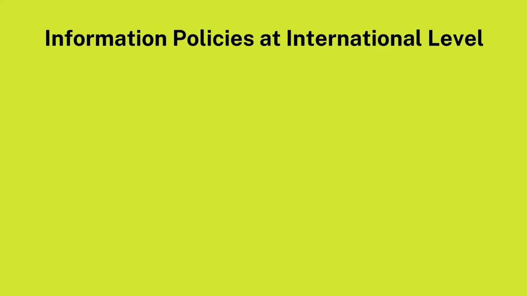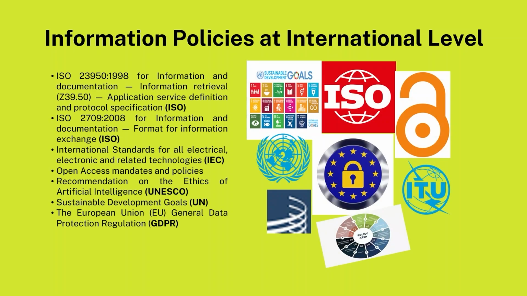Now, we mention here some of the information policies at the international level, such as ISO 23950:1998 for information and documentation, information retrieval, that is Z39.50, application service definition and protocol specification; ISO 2709:2008 for information and documentation, format for information exchange; international standards for all electrical, electronic and related technologies by IEC; open access mandates and policies; recommendation on the ethics of artificial intelligence by UNESCO; Sustainable Development Goals by the United Nations; and the European Union General Data Protection Regulation, GDPR.